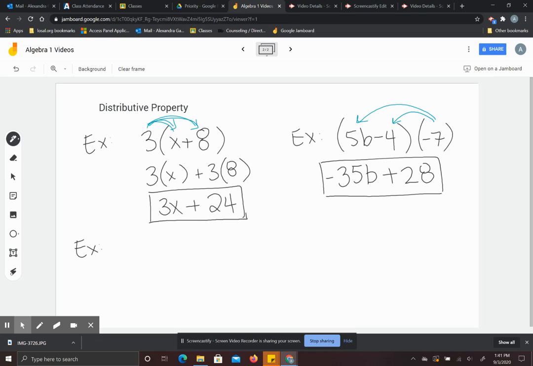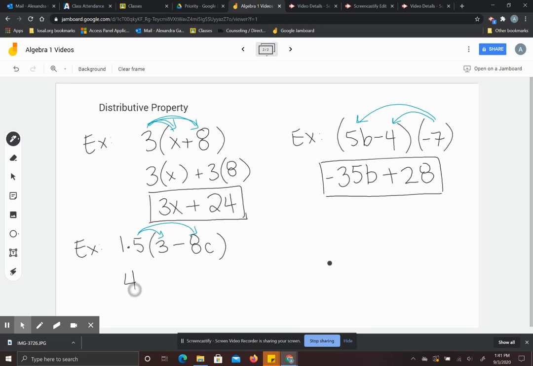Another example with decimals, you would still follow the same procedures here. We want to still distribute 1.5 to 3 and 8c. So I take 1.5, multiply it by 3, and 1.5 times 8.